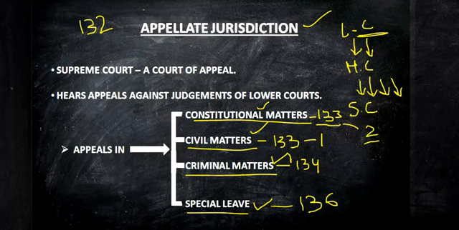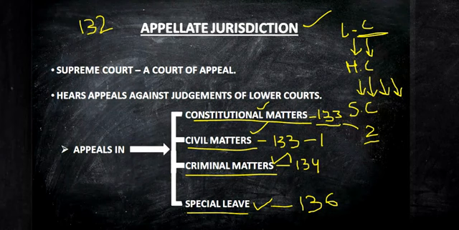The exception is that whatever the cases are there in martial court. What do you mean by martial court? Martial court means there is a separate judicial court for the military purposes. Whatever the crimes or whatever the issues take place in military purview, those cases are exceptionally dealt by the martial court, that is the military court.